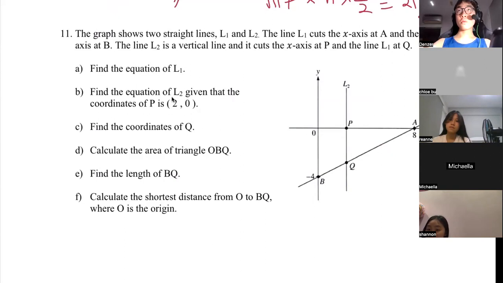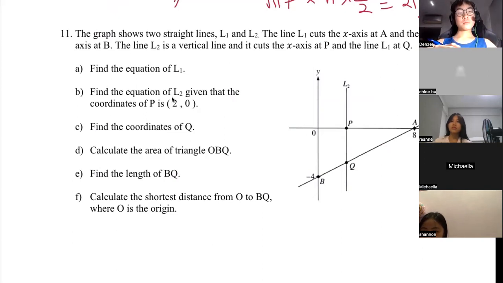No. Oh no. Why no? The gradient, is it or what? Equation or is it length? You don't know what you don't know. Okay, I go slower a bit, okay? Chloe, what about you? Chloe missing already.